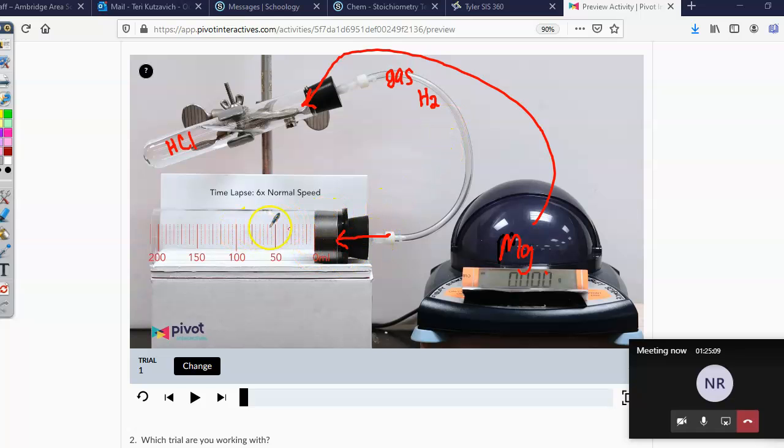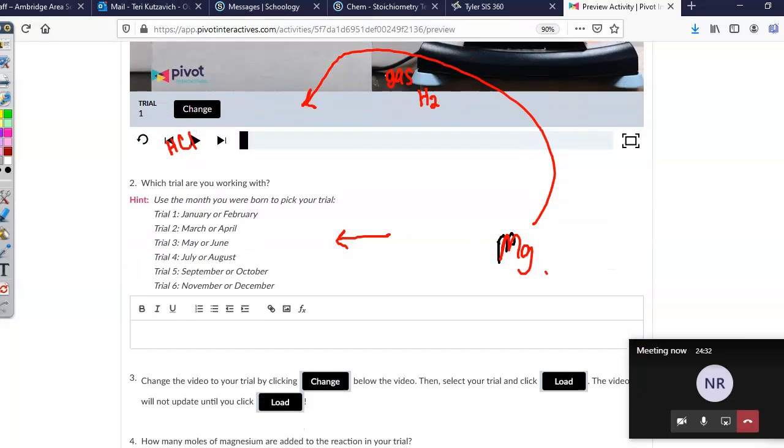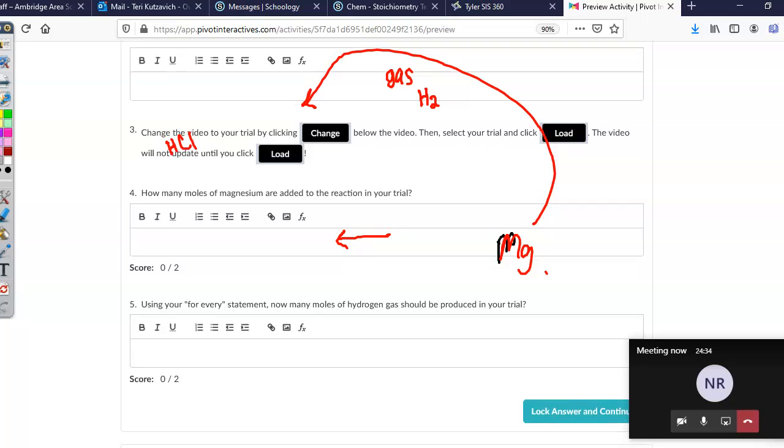And then you'll see this piston start moving down, and you can see how much gas you are collecting. Okay, I believe each of these graduations are 5 milliliters, and that will help you. It's a lot easier than the last one.